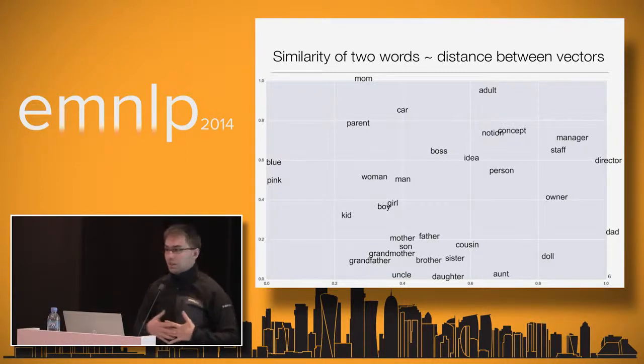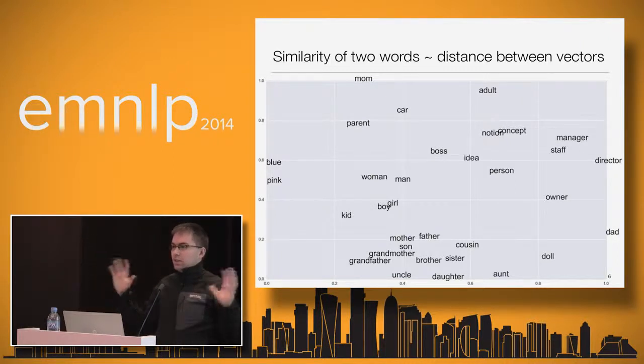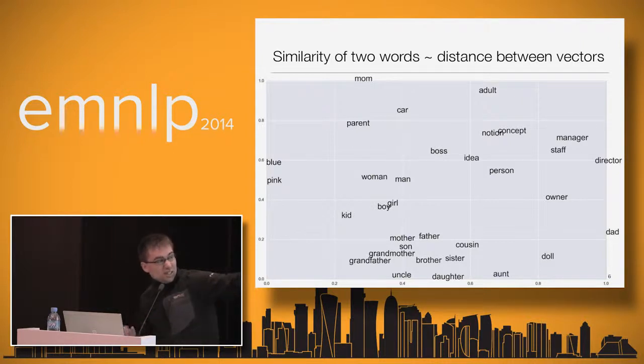So how is it usually done? In the standard old school distributional approach, you fix some target words, you get a corpus, you look at what the words around them are, and you build a co-occurrence matrix. I guess everybody is familiar with it, more or less. Then if you get this vector space and you project it into a low-dimensional space, you can see that indeed the words which have similar meaning occur together.